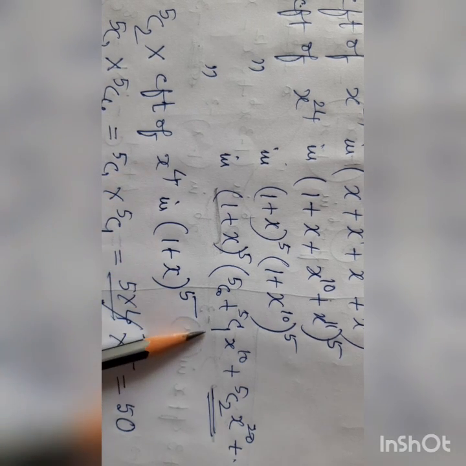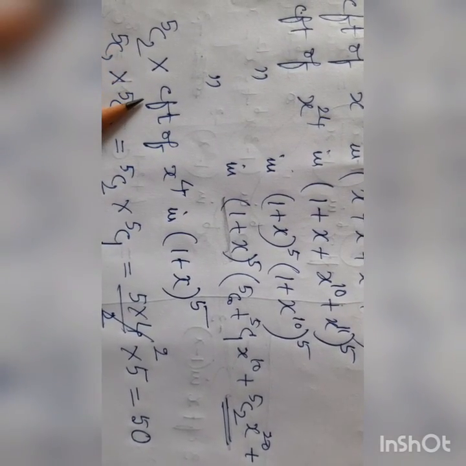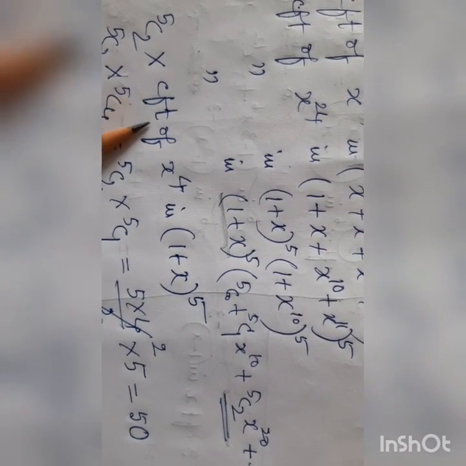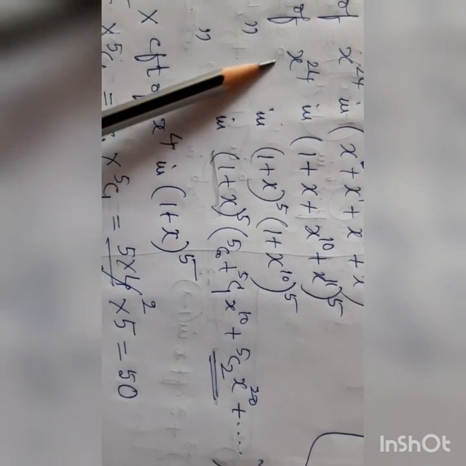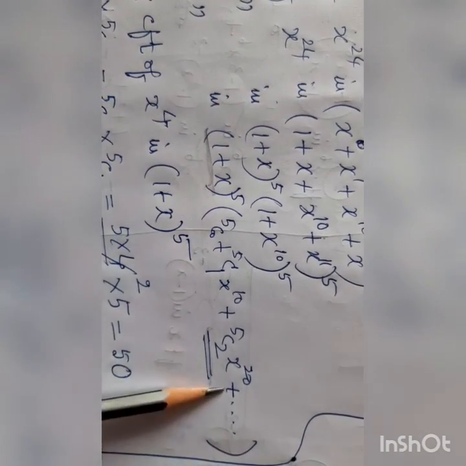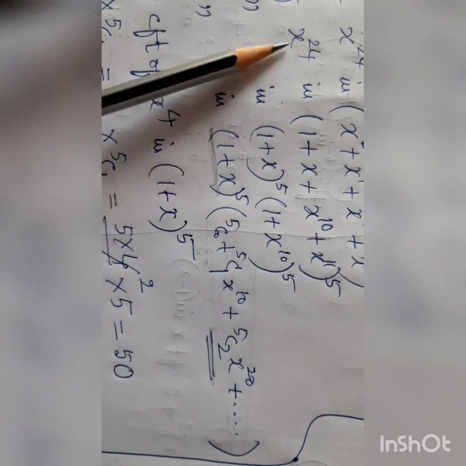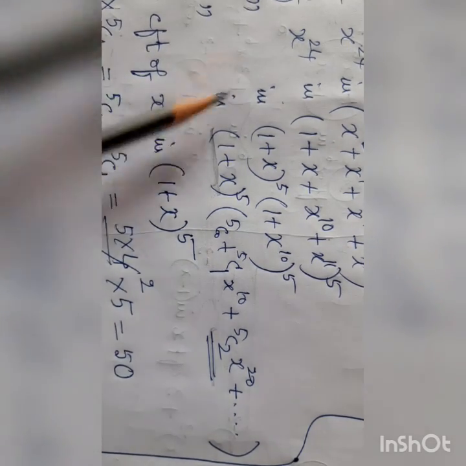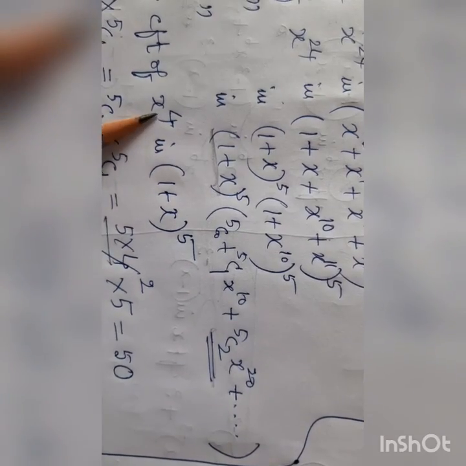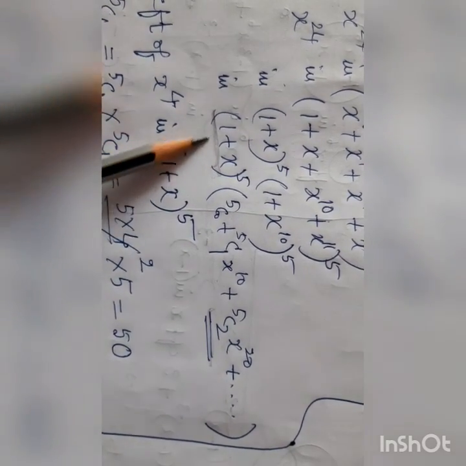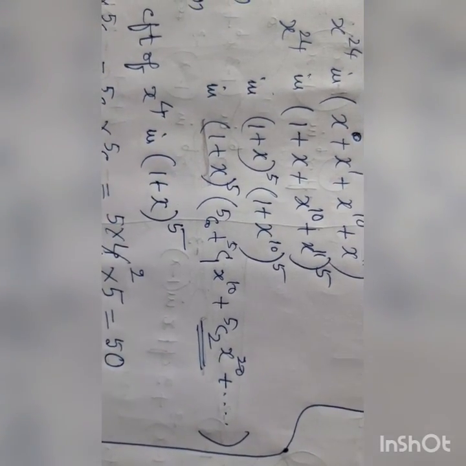So 5C2 into the coefficient of x power 4, because this is 24 and this is 20, x power 20, so x power 4 only, 24 minus 20, the x power 4 coefficient only in 1 plus x whole power 5.